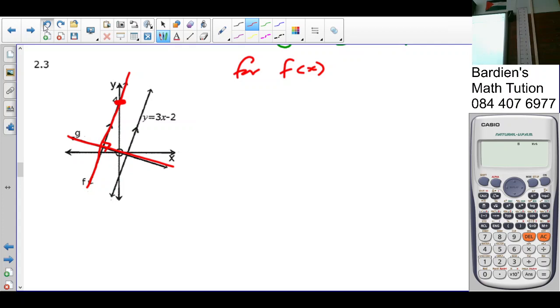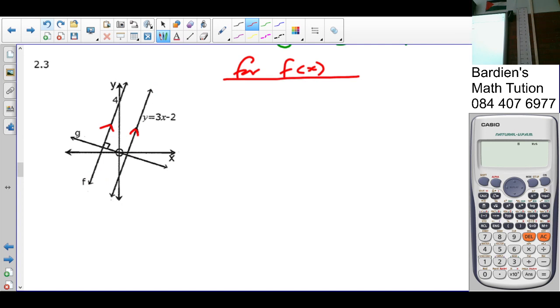However, what we also note is that f of x is also parallel to that line. Can you see that? So if lines are parallel, what do we know? Gradients are the same, gradients are equal. So whatever the gradient of that line is, it will be the same for the gradient of g of x. Not so? So what is the gradient of that line? 3.